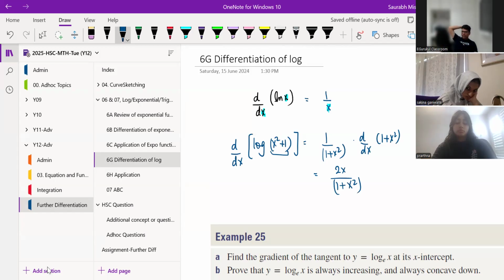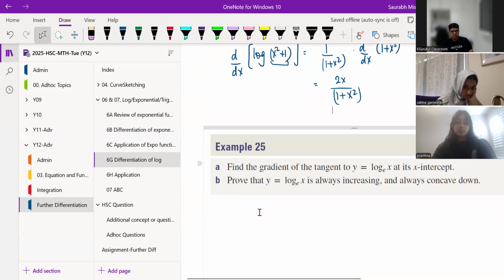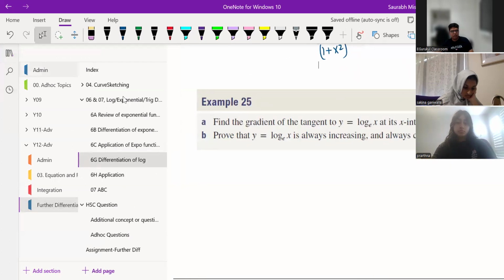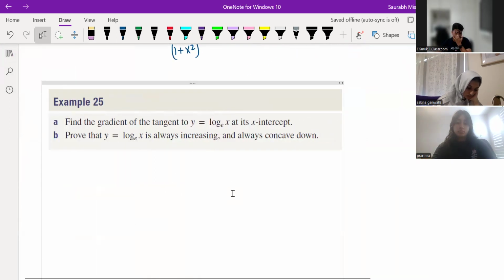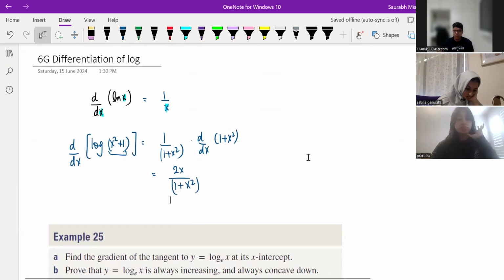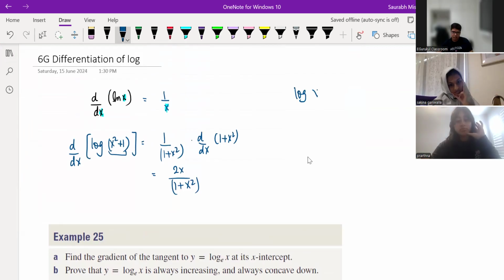Sakina, Pratna, let's do this question. Find the gradient of the tangent y is equal to ln x, right? If you have been given log, you know, log is base 10. But this is ln, where ln is log x base e.